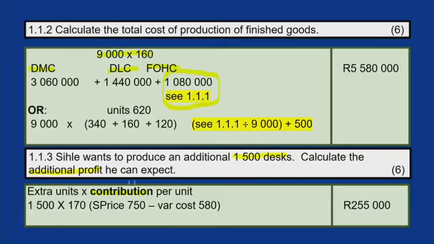If I'm selling a desk for 750 Rand, I need to, for every single desk, pay my variables, which is 580. So all that you have left every time you make and sell a desk is 170, and that's contribution. But you've now already covered your fixed costs. So in other words, this 170 can now go towards extra profit. So an extra 1,500 desks will give you 255 extra profit.